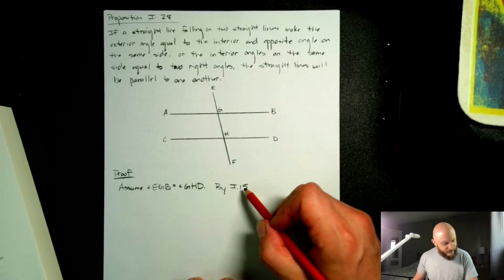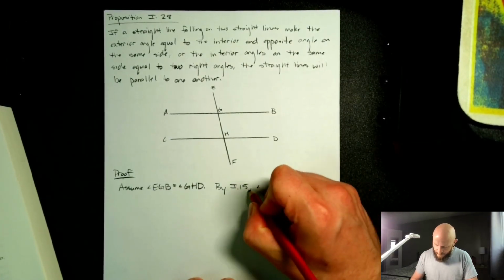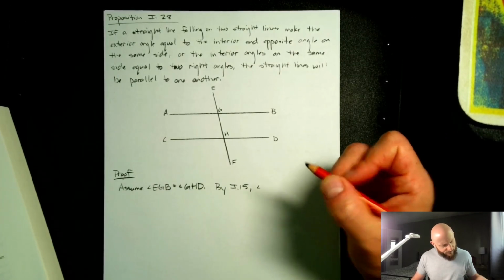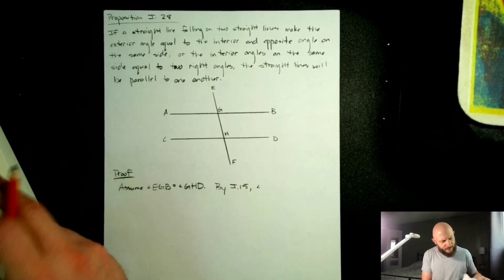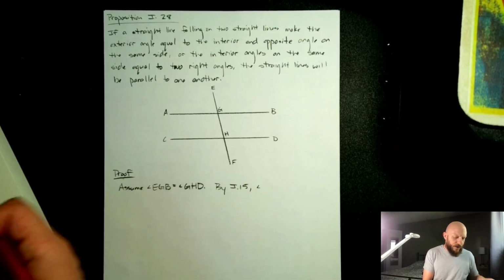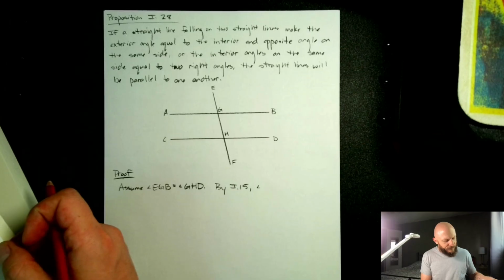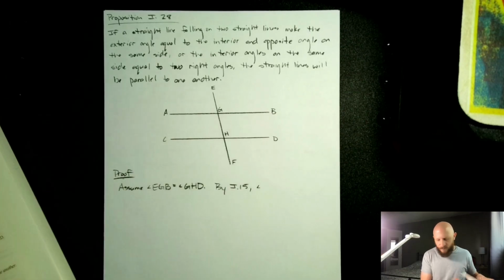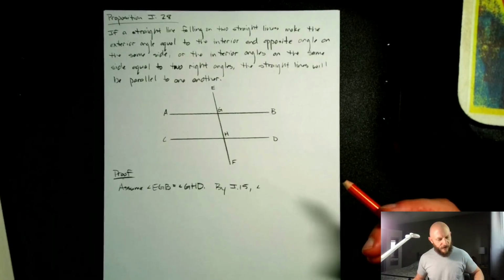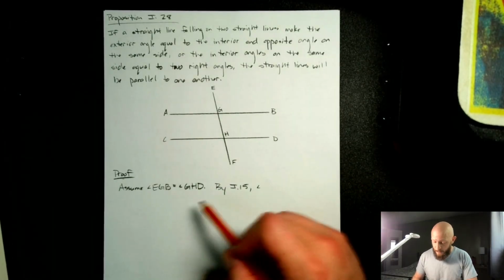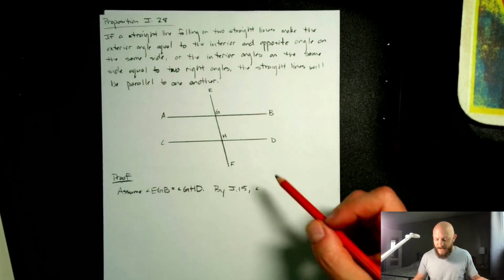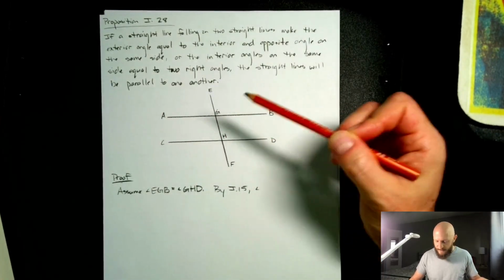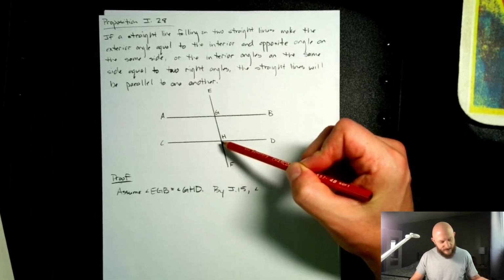By Prop 15, it must not be Prop 15, because I think Prop 15 is the alternate angles. Which one am I thinking of? Let's see here. I must have gotten them wrong. Prop 13, sorry, not Prop 15, proves those equivalent. Prop 15 is the one that says opposite angles are equal. So Prop 15 says that AGH is equal to EGB.